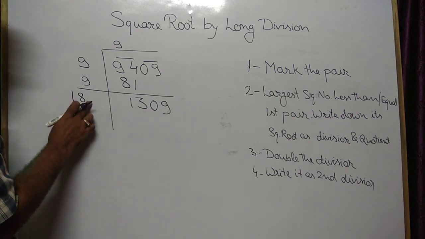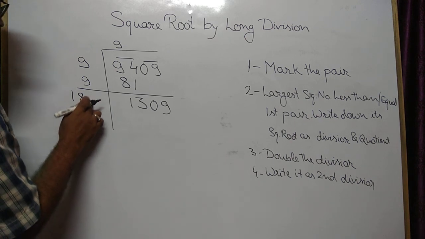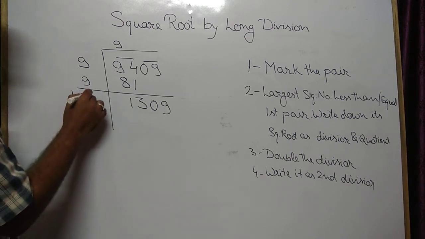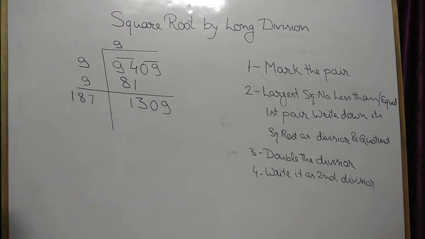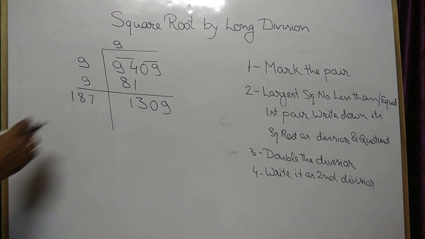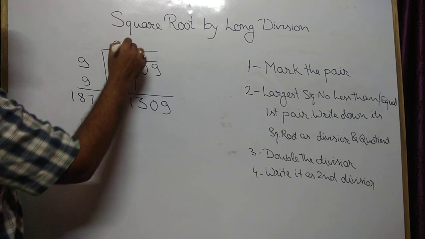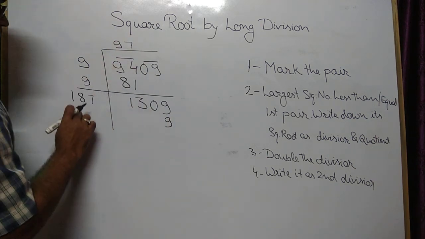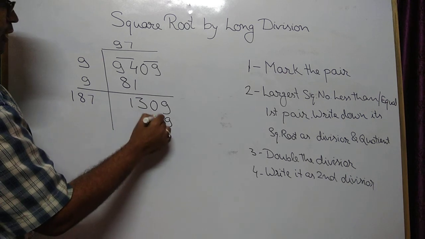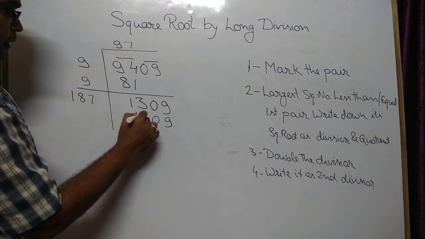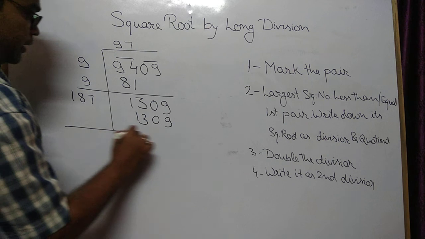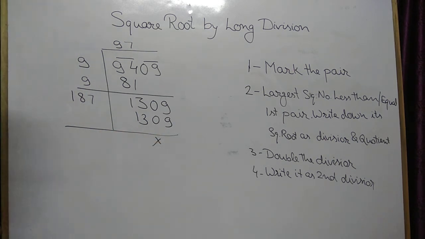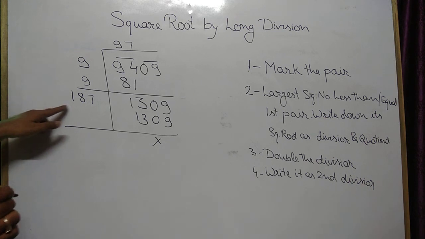Here either we put 3 or we put 7. 3 is small, giving a smaller result, so we try 7. Here we also write 7. 7 7s are 49, 4 carry, 7 8s are 56, plus 4 is 60, 6 carry, 7 1s are 7 plus 6 is 13. Now this is the square number, we cross it. Now write it as the second divisor.